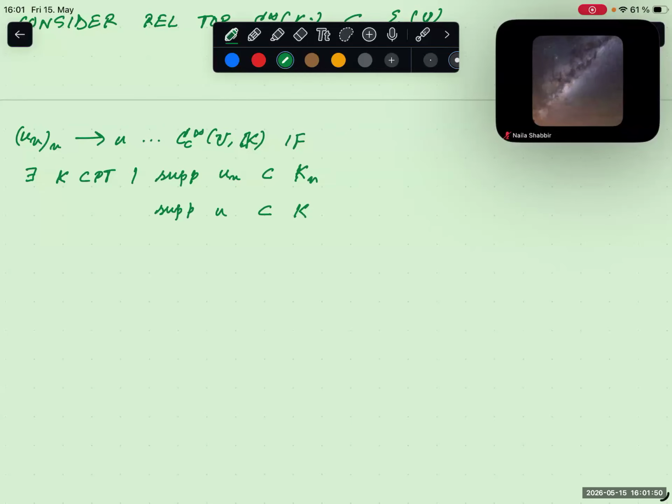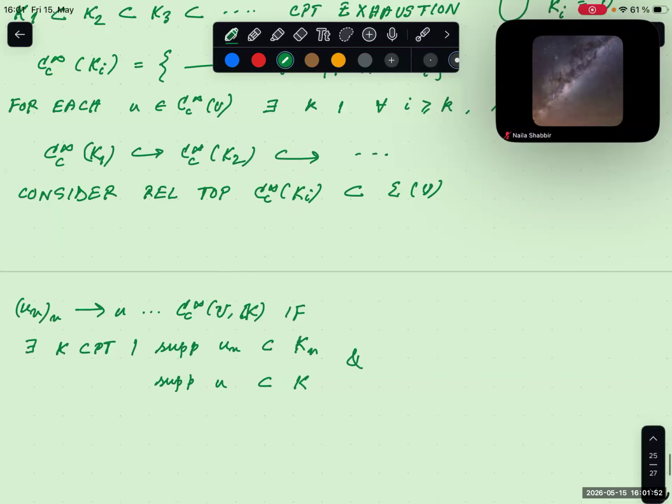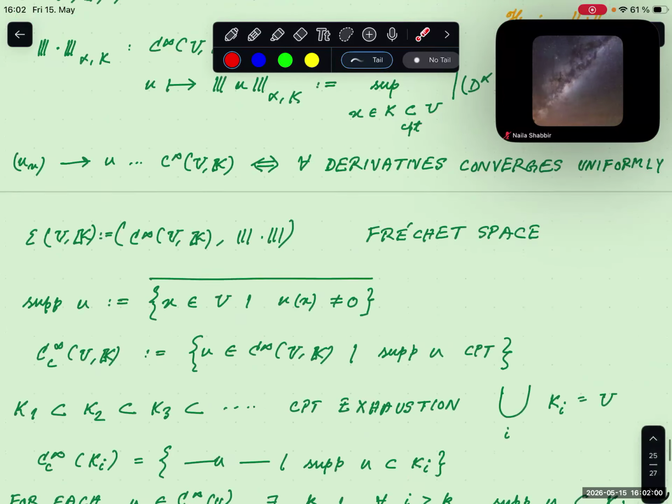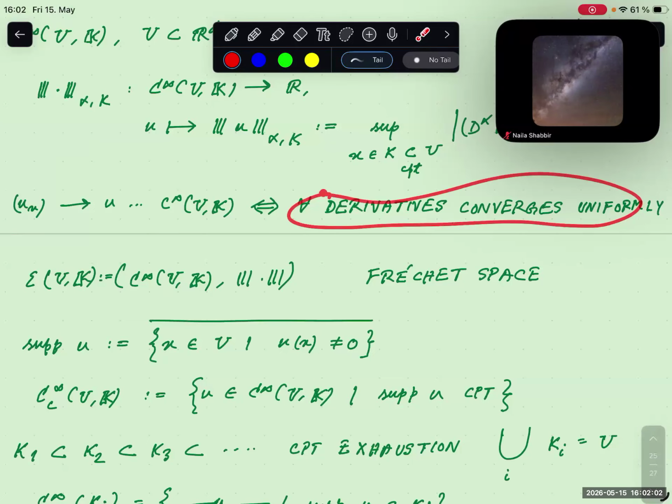and what condition should we expect? We are using relative topology. That means the topology here also shows up here. And what is this? That all derivatives converge.